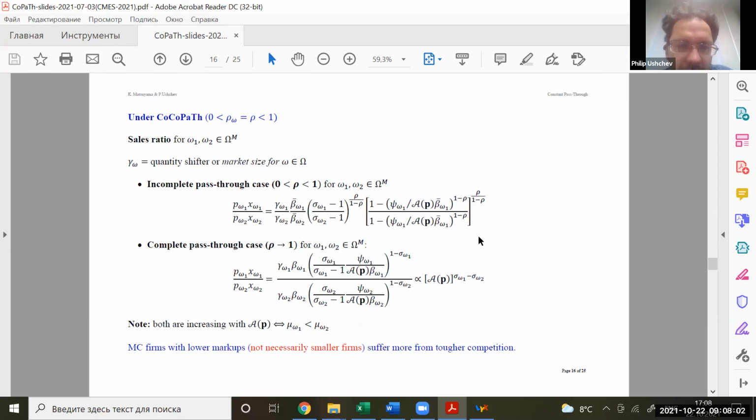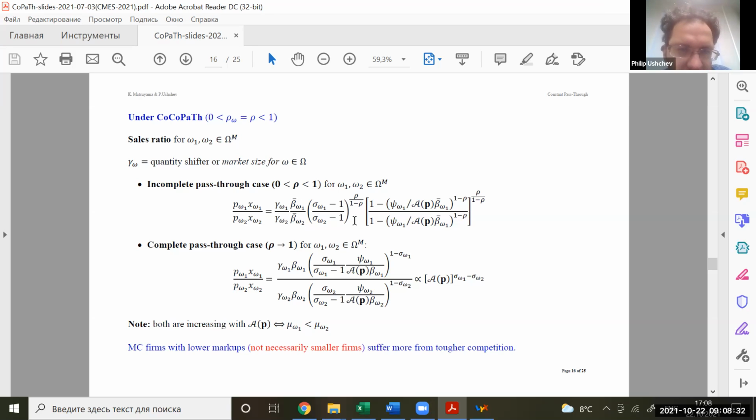We can actually see quite clearly how toughness of competition affects relative revenues. Under incomplete pass-through, we have this expression, which is log supermodular in firm-specific cost and the price aggregator.